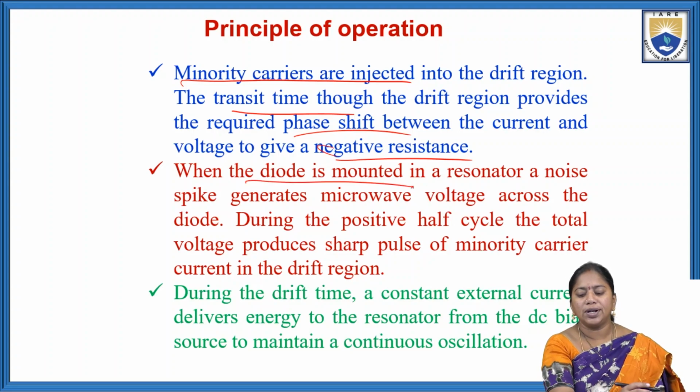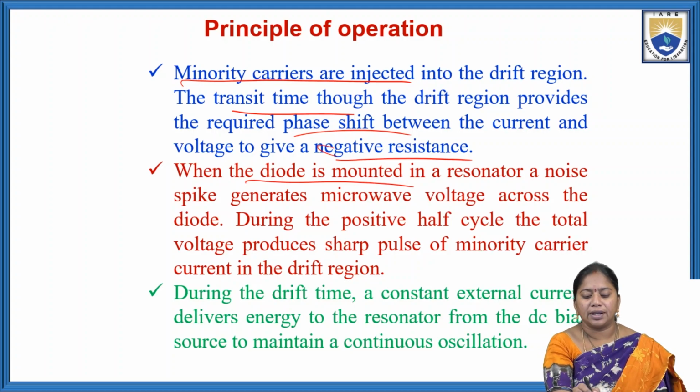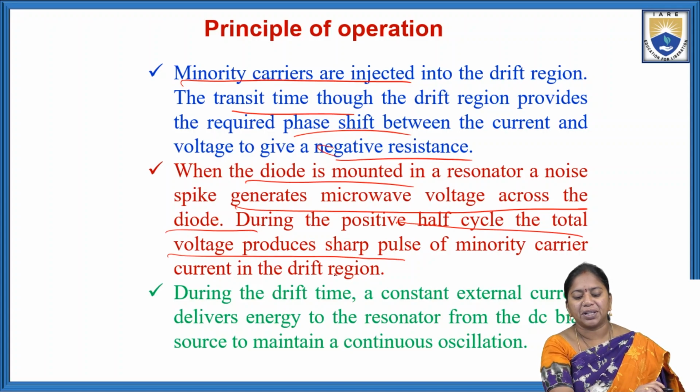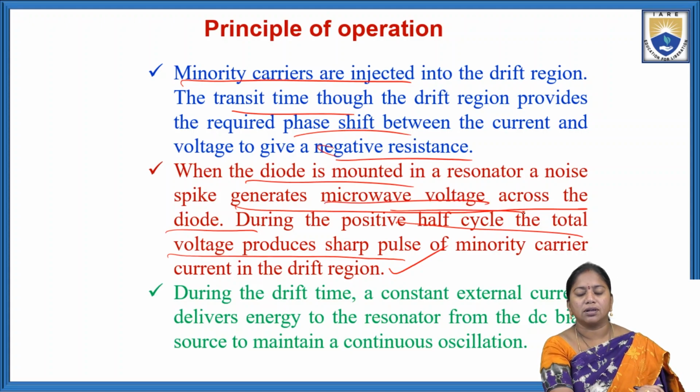When the diode is mounted in a resonator, a noise spike generates a microwave voltage across the diode.